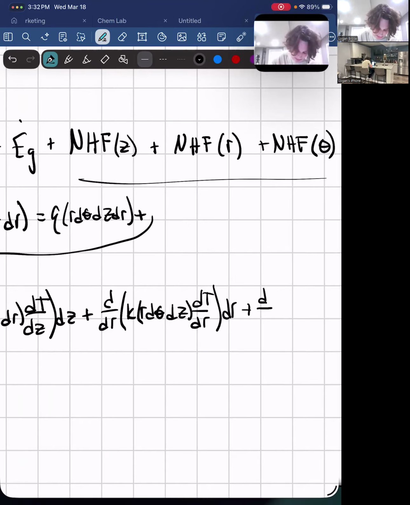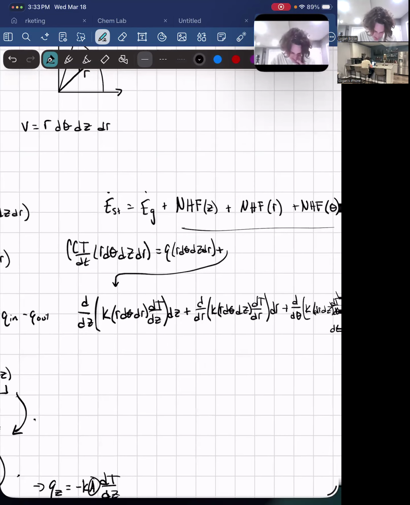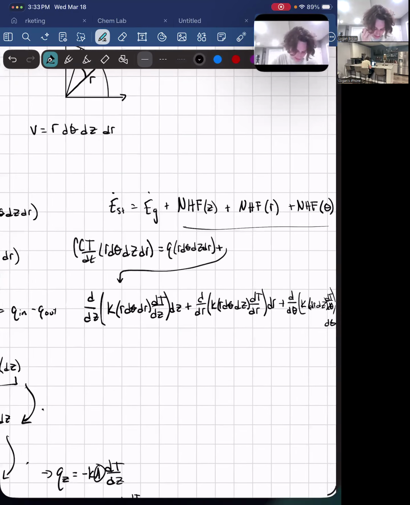We have our d theta times our thermal conductivity times dr dz dT d theta times our d theta. I have to squeeze that in here. So when we look at this whole equation, there are a couple of things that we can cancel out.